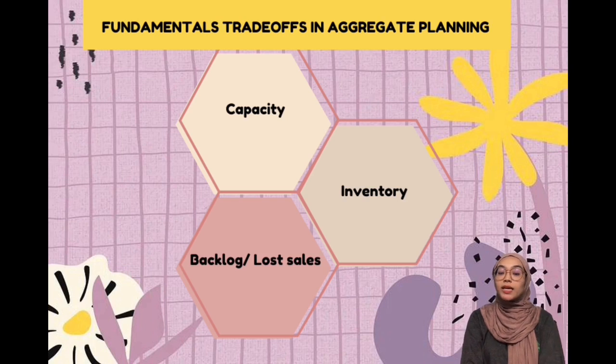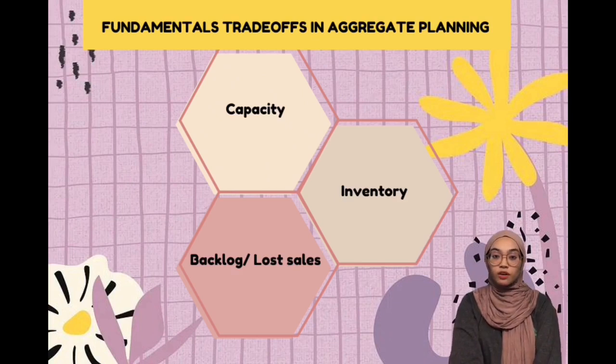However, holding excess inventory ties up capital, incurs storage costs, and may risk obsolescence. Conversely, minimizing inventory helps reduce holding costs but may result in stock-outs during periods of high demand. Striking the right balance between maintaining an adequate level of inventory to meet demand and minimizing holding costs is a key trade-off in aggregate planning.